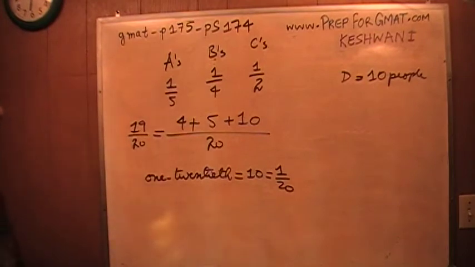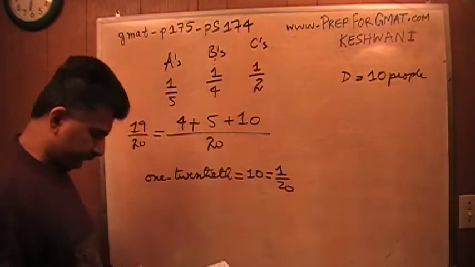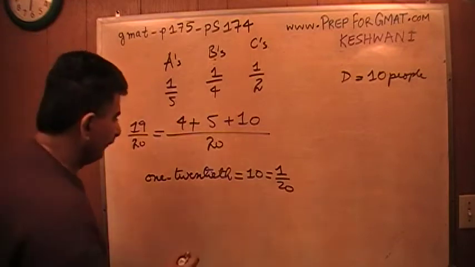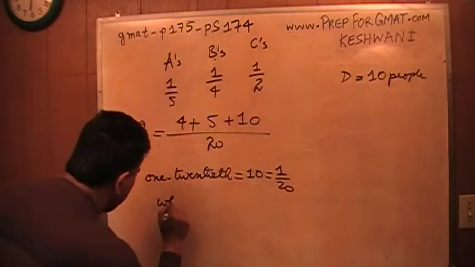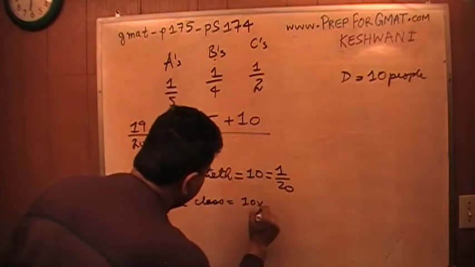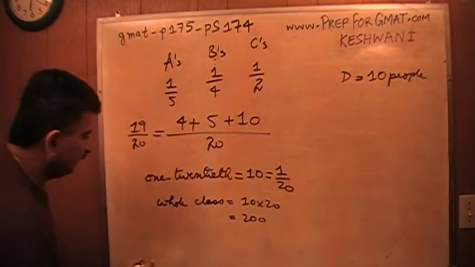If 1/20th equals 10, then the whole class must be 20 times that amount. And that's all that is. There are 200 people in the class. So the whole class is just 10 times 20, 200. The answer is D.